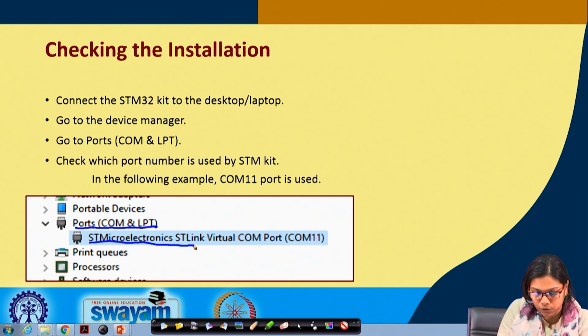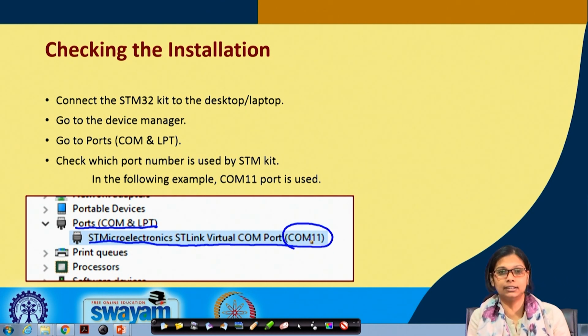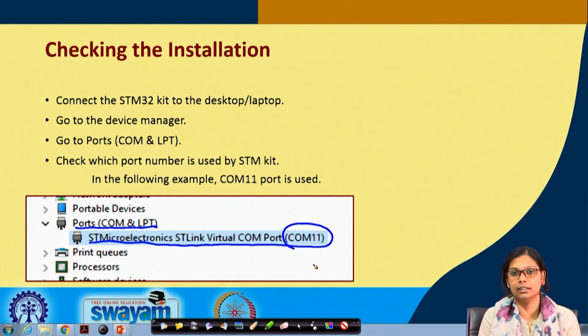There you will see, for example, STMicroelectronics ST-Link Virtual COM Port (COM11). It does not matter that it will be the same COM port 11 on your PC; it could be 7, 8, 9 or any other COM port. But you need to check that. Once the driver is correctly installed, this will be shown there.